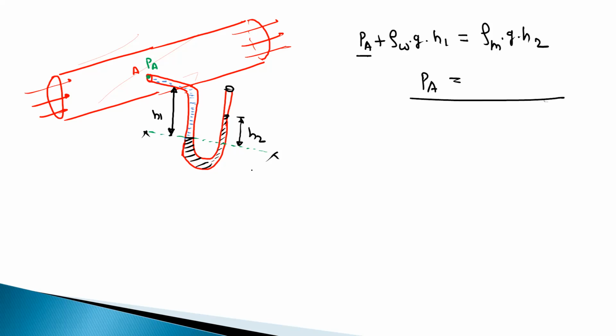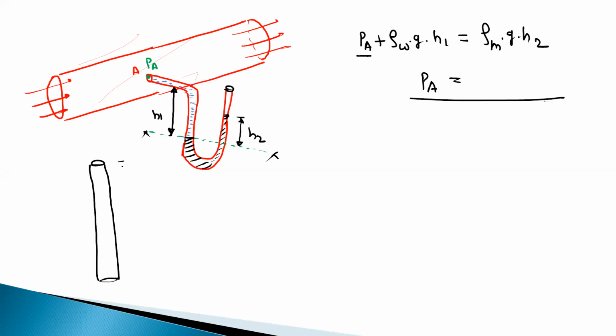So why are we using the U-tube manometer if we have the piezometer device? The piezometer is much simpler in construction compared to the U-tube manometer. The advantage of using the U-tube manometer is we can reduce the height of that glass tube. Suppose we are using the glass tube for the measurement of the pressure.